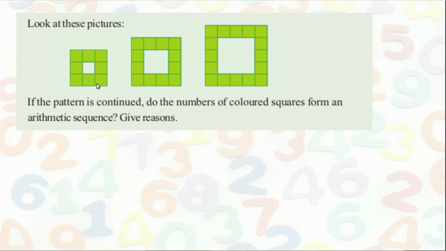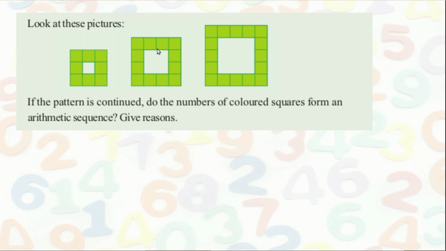How many small squares or green squares are there in it? You can count the number of squares. It is 8.